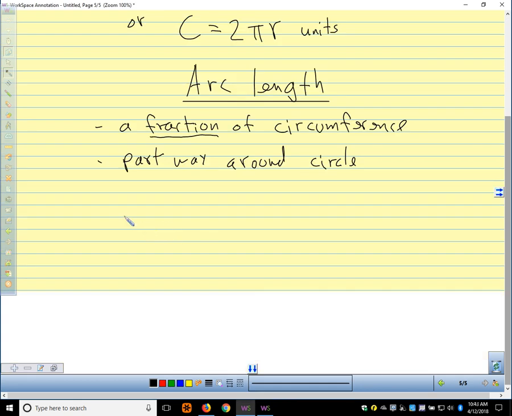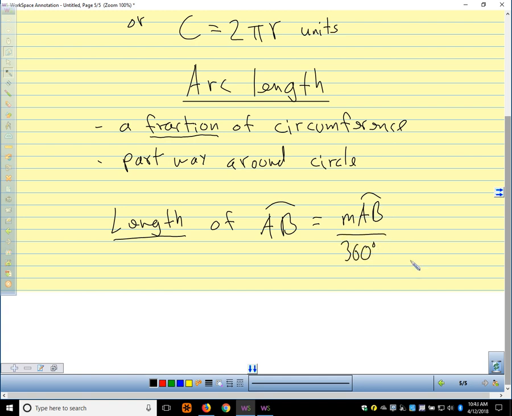So the length of arc AB is the measure of arc AB divided by 360 degrees times 2 pi r.